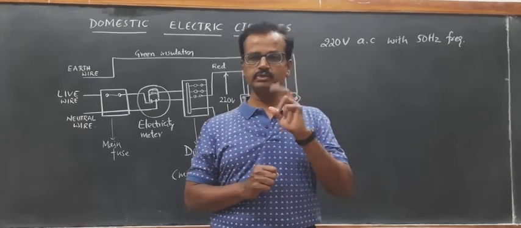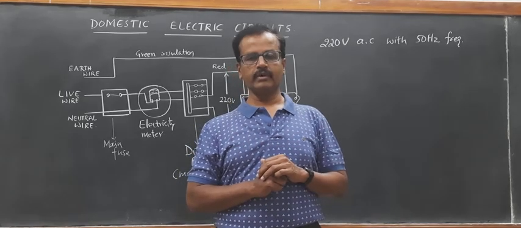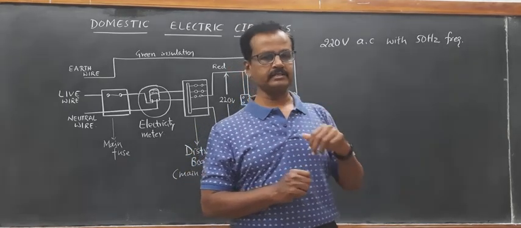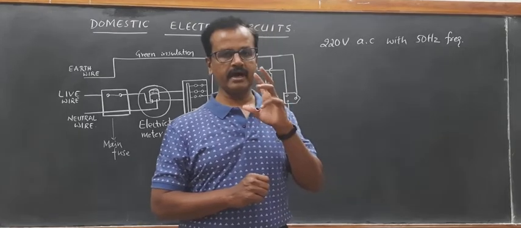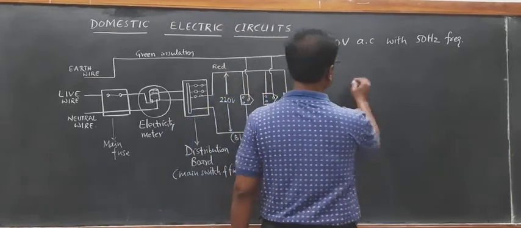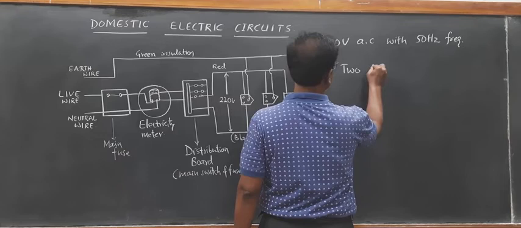There are actually two types of circuits in our home. One is the circuit which carries a high current, that is 15 amperes.